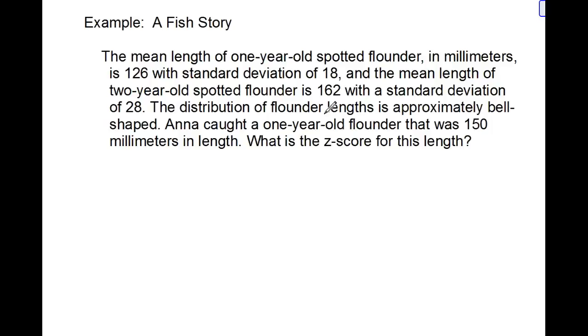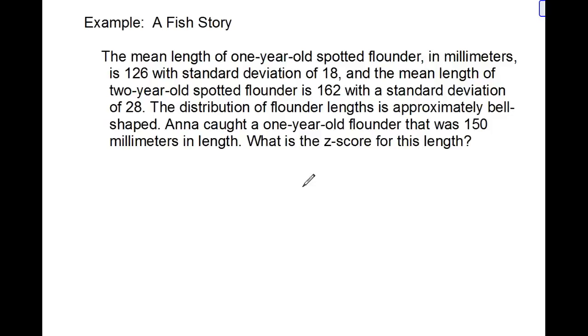The distribution of flounder lengths is approximately bell-shaped. And this is going to be extremely important for us later on. Anna caught a 1-year-old flounder that was 150 millimeters in length. What is the z-score for this length?